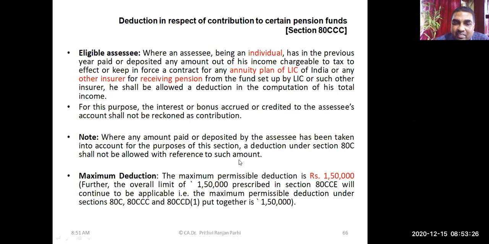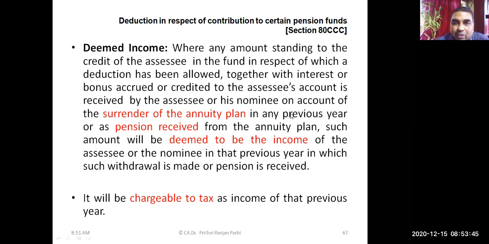So if you are taking deduction under section 80CCC, you cannot avail the same limit under 80C. 80CCC is for contribution made to certain pension funds.